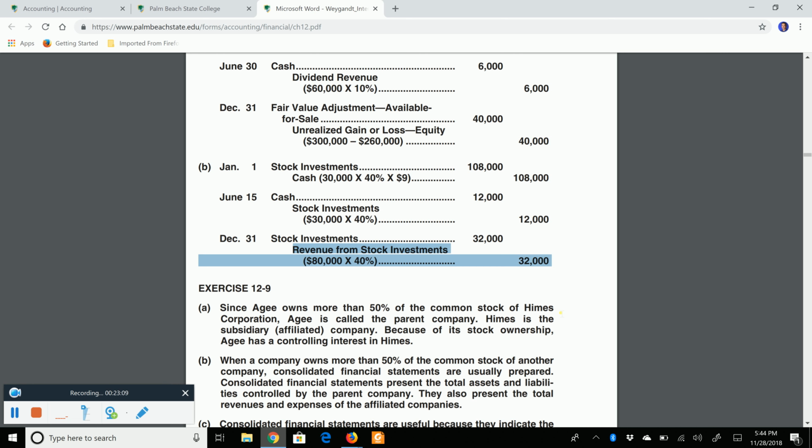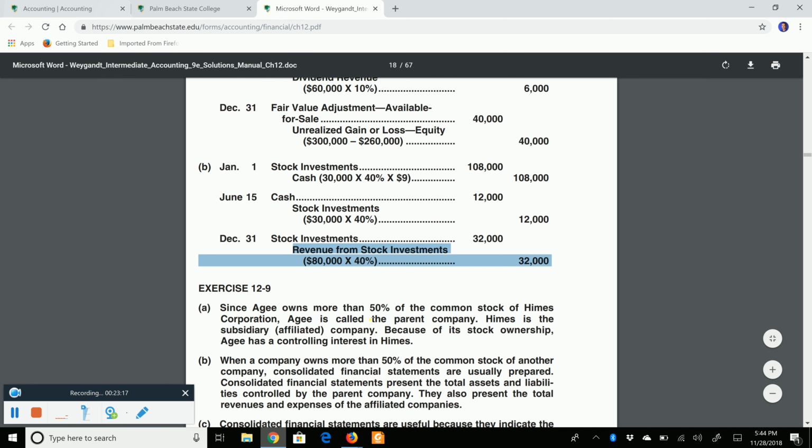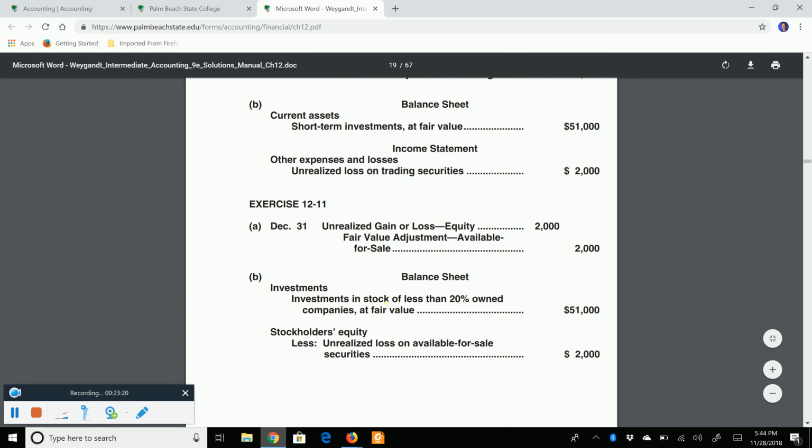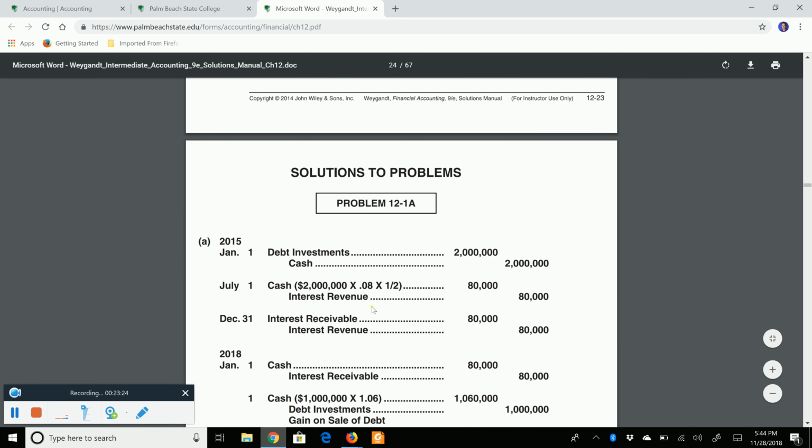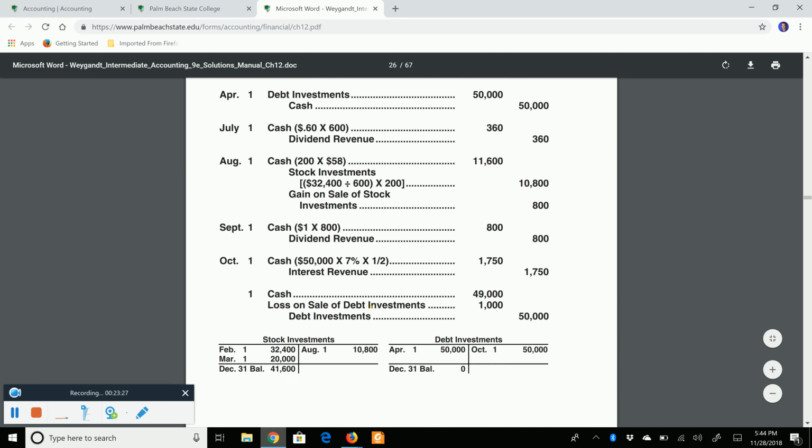All right, very good. So let's go through one of the two problems that were assigned for homework. Let's go through the first one, problem 12-3A. So let me just scroll down so we can take a look at problem 12-3A. All right, and so problem 12-3A, you can see we have a whole bunch of journal entries.